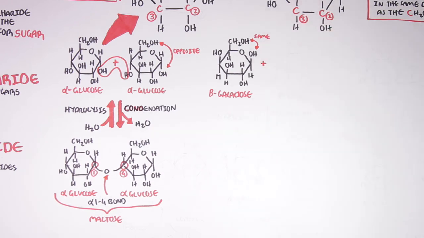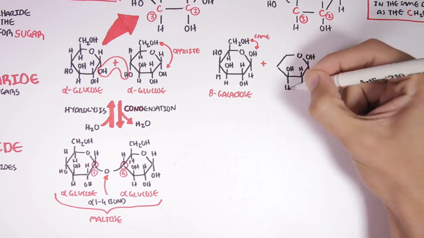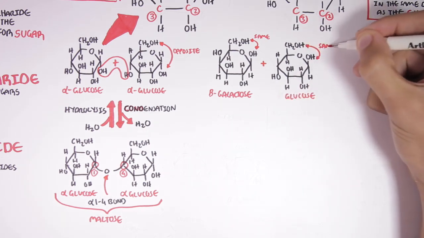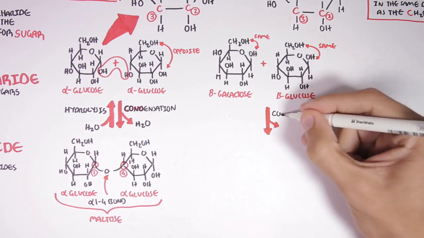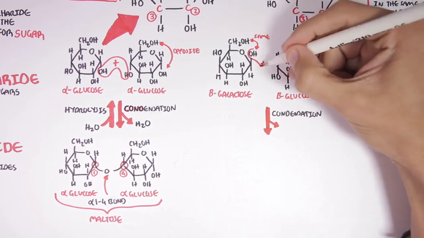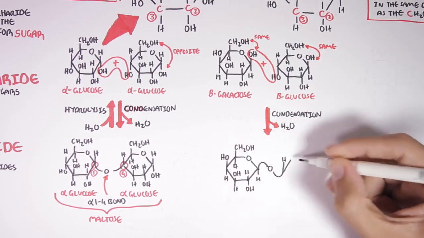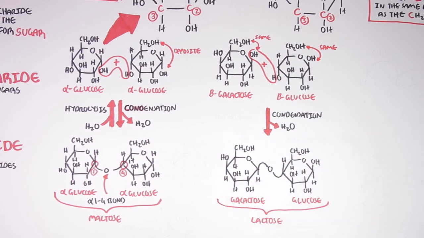Now this galactose molecule can link with a glucose molecule. So this particular glucose molecule is actually in a beta configuration because remember, the hydroxyl group here is pointing in the same direction as carbon number 6. So this galactose molecule and the glucose molecule can form a link, and through the condensation process, it will form lactose. Lactose is made up of galactose and glucose.